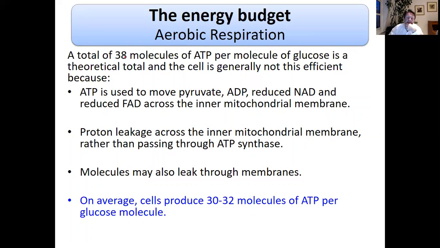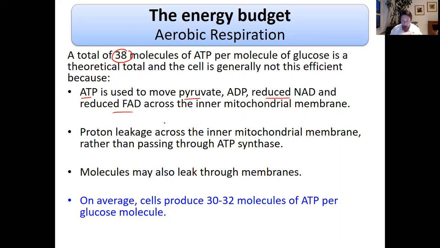Now, the total of 38 ATP molecules per glucose is theoretical, and generally this doesn't happen. And why there are energy losses is that ATP is used to move the pyruvate, the reduced NAD, and the reduced FAD across the mitochondrial membrane.